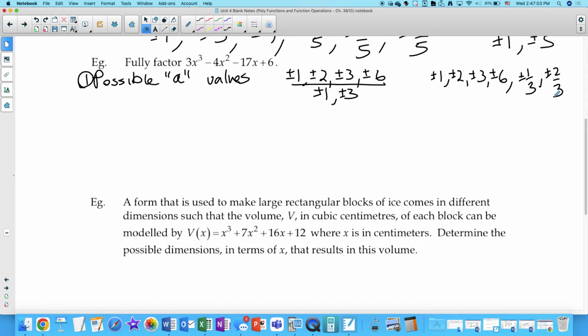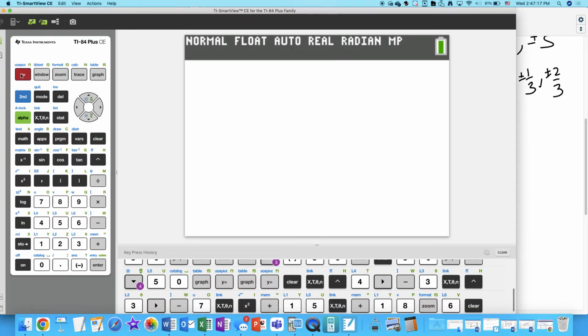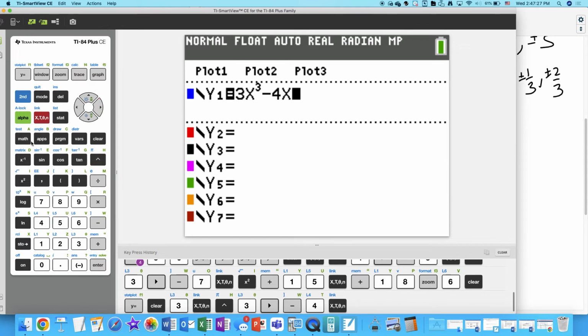Okay, now we're going to get help with this by graphing it. So it was 3x cubed minus 4x squared minus 17x plus 6. Okay?